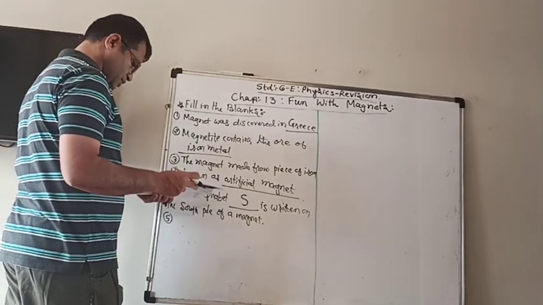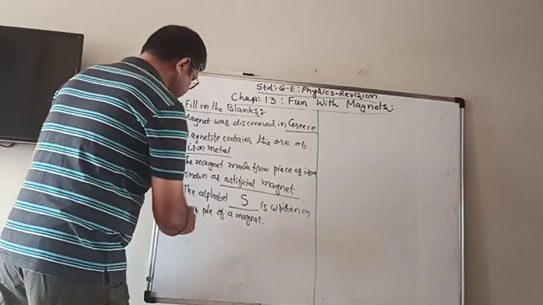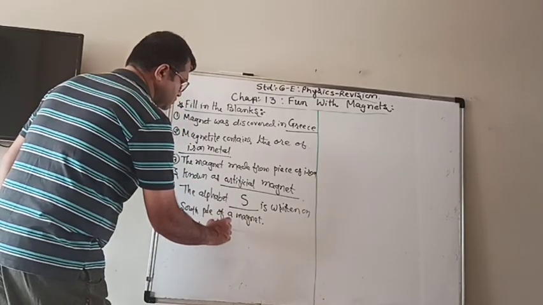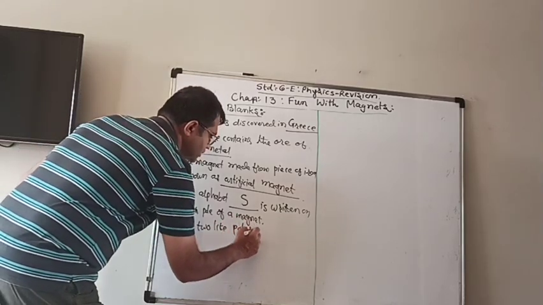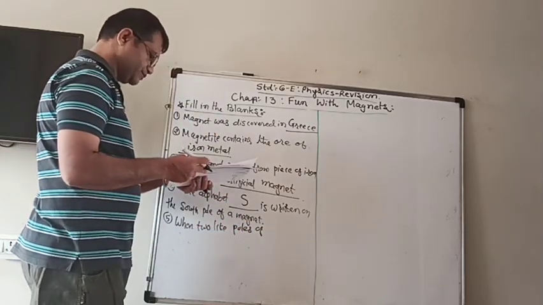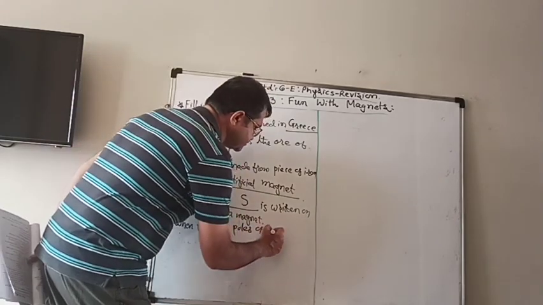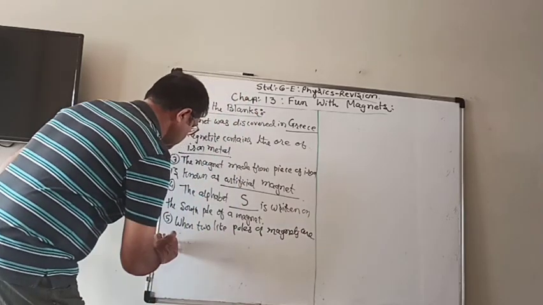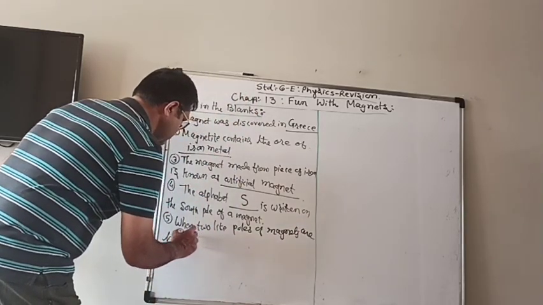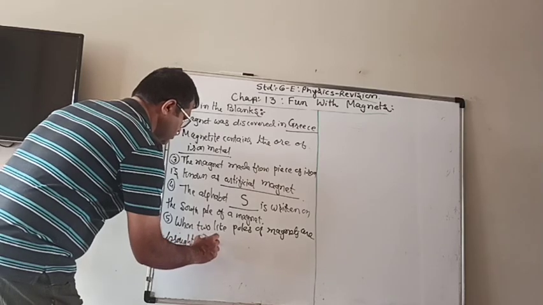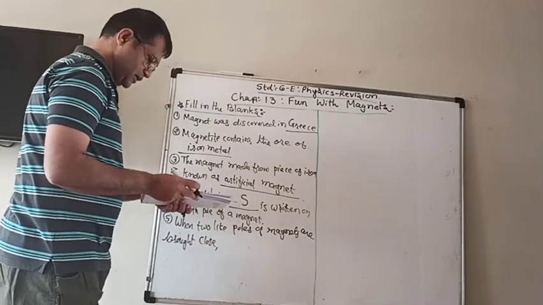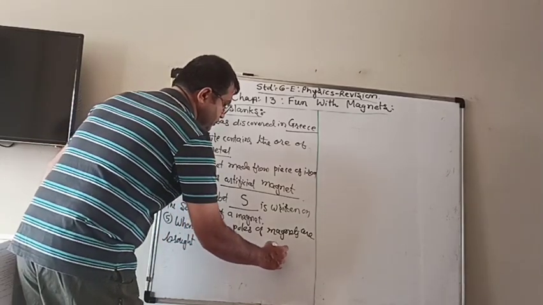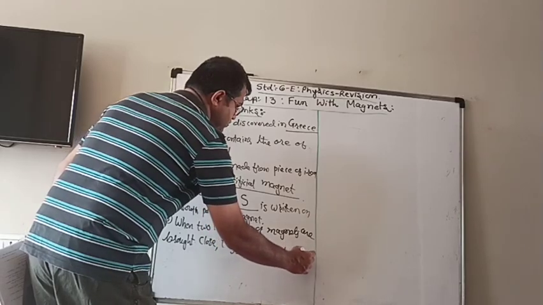Fifth one, when two like poles of magnets are brought close, they blank each other.